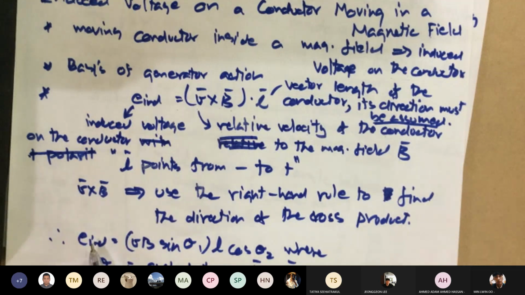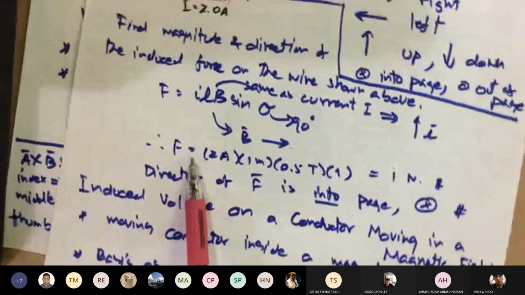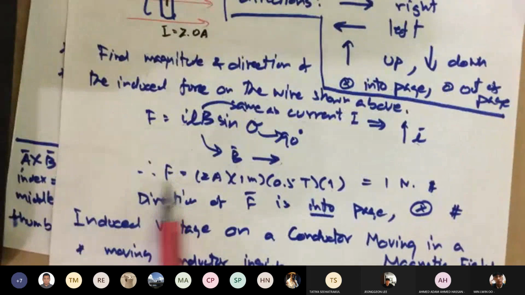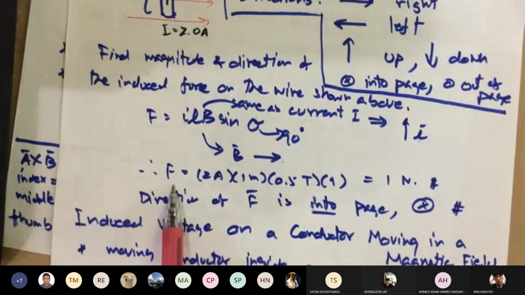It has only a magnitude, no direction. However, it has a polarity, which is not the same as direction. So this is different. Your force is a vector product. You need to know its magnitude, how much force it is, and which direction it is acting. That is the result of a cross product, which is a vector.